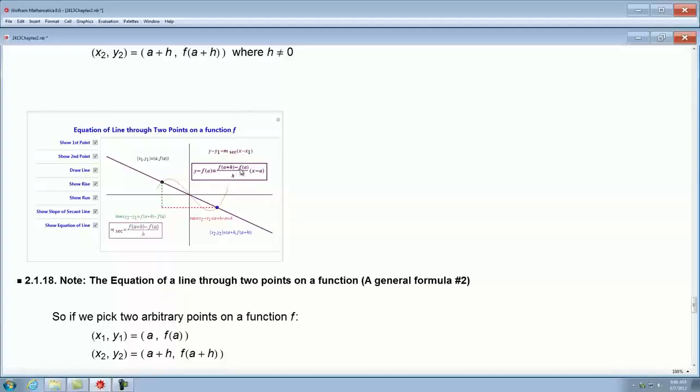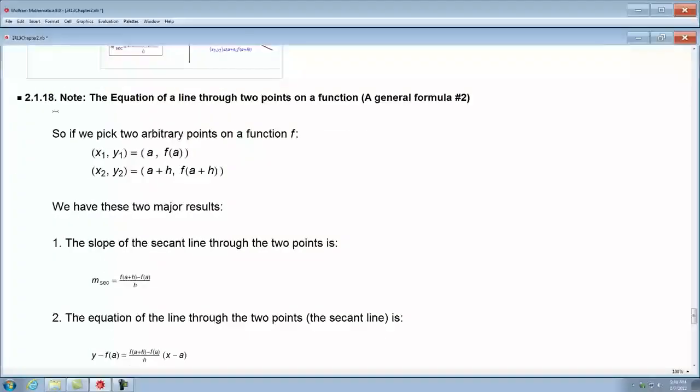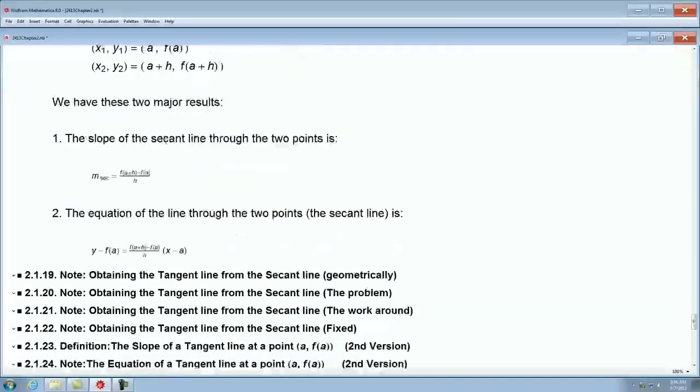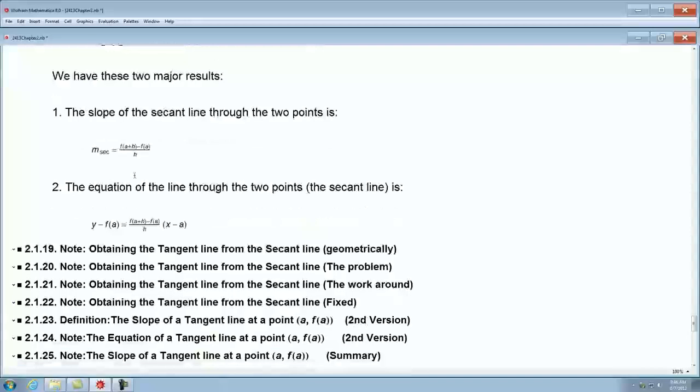That looks different than before. We used to have f of x minus f of a over x minus a. Now we have this. So if we pick our 2 points and we define them this way, then our new secant line slope becomes this, and our new equation of our secant line through the 2 points is this.